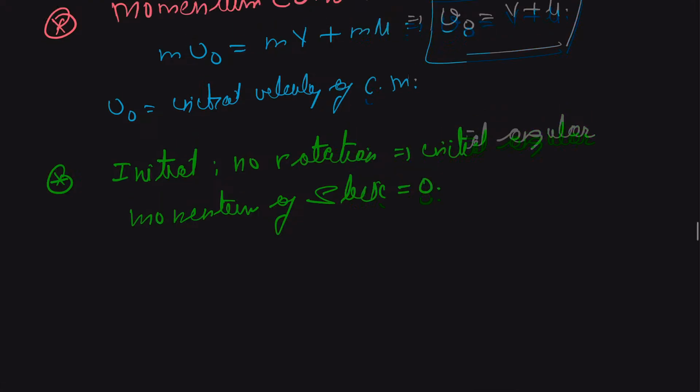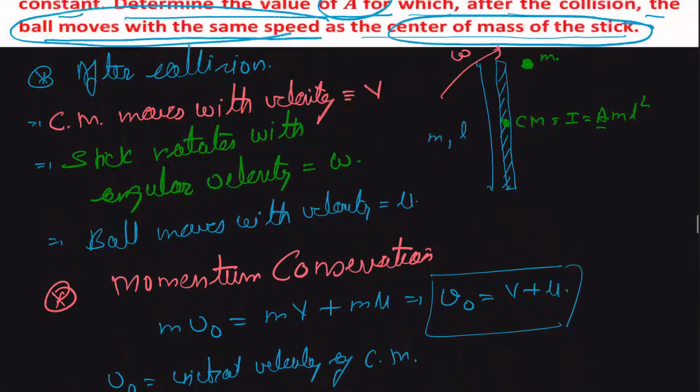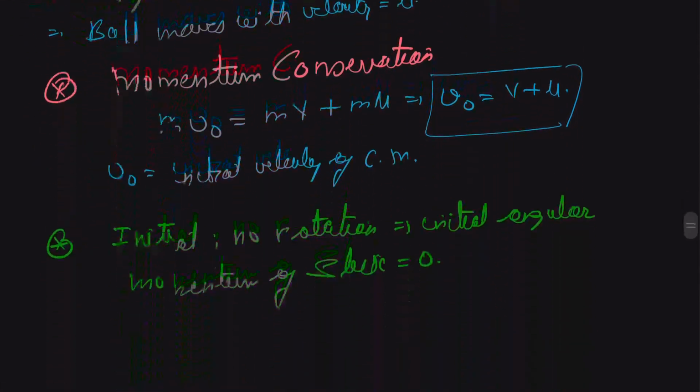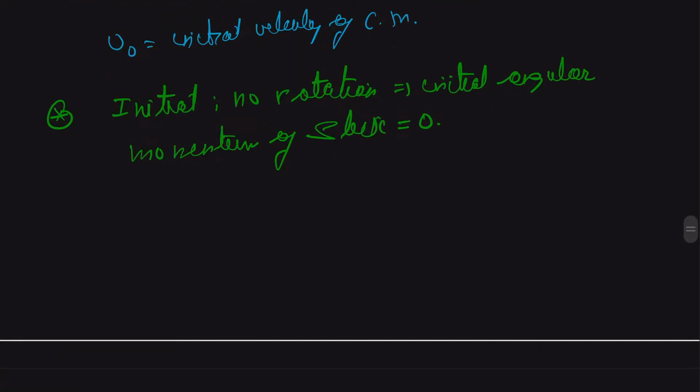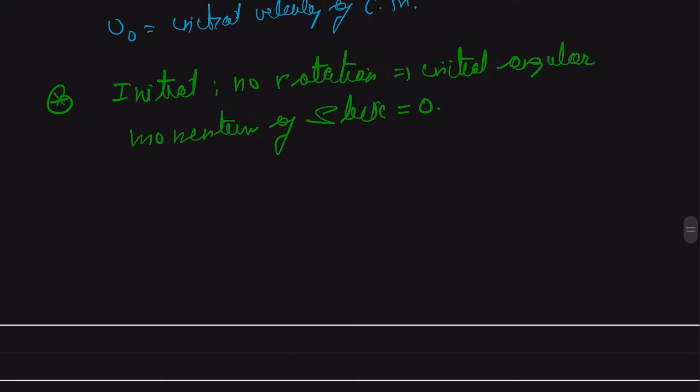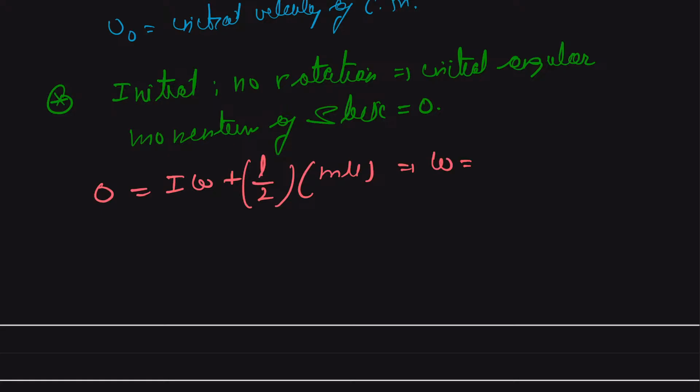And after collision we have assumed that its angular velocity is equal to omega, therefore its angular momentum will be equal to I times omega. And we can just write the equation that our 0 will be equal to our I omega plus L by 2 times mu. And from here we are going to get that our omega will be equal to minus mul divided by 2I.